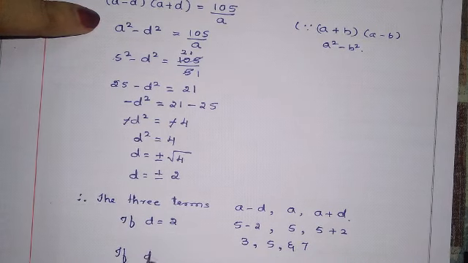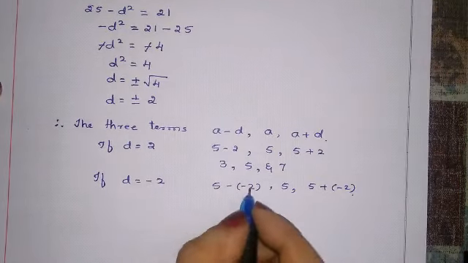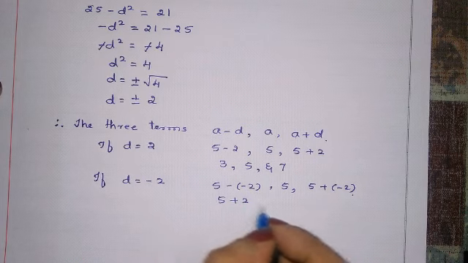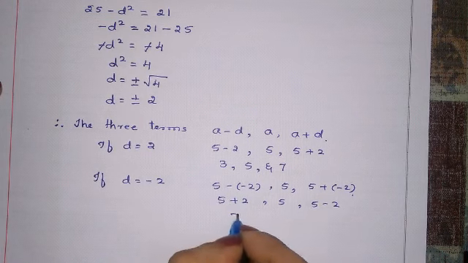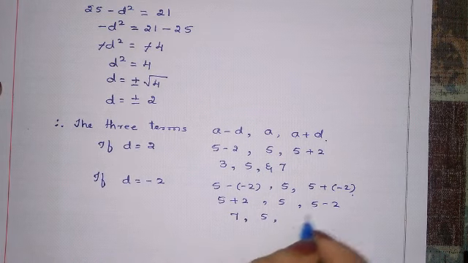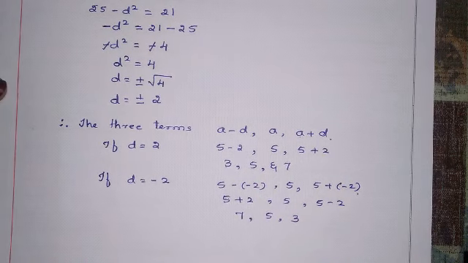And if d is equal to minus 2, then 5 minus of minus 2, a value is 5, plus minus 2. Okay. So 5 minus minus becomes plus, 5 plus 2 is 7, comma 5, comma 5 minus 2 is 3. So 7, 5 and 3, the reverse of the first three terms. So this is the solution for question number 22.